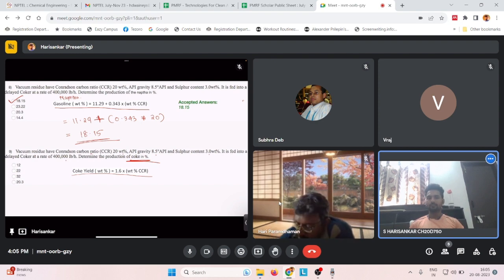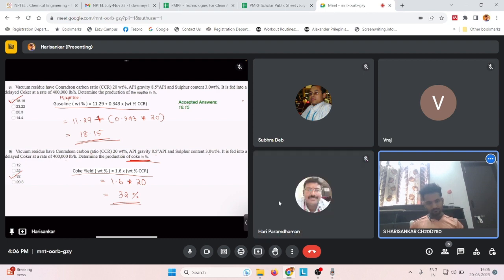Coke yield is 1.6 times CCR weight percent. So 1.6 times 20 gives us 32%. So the right answer here for question number 9 is option C, 32.